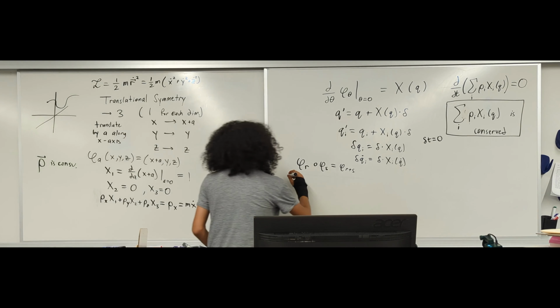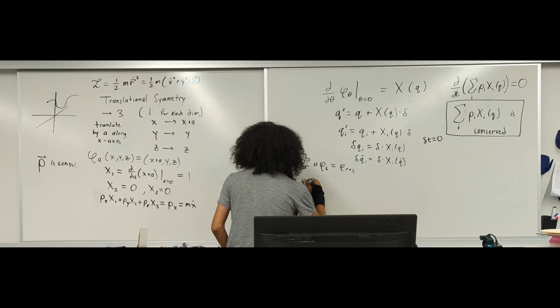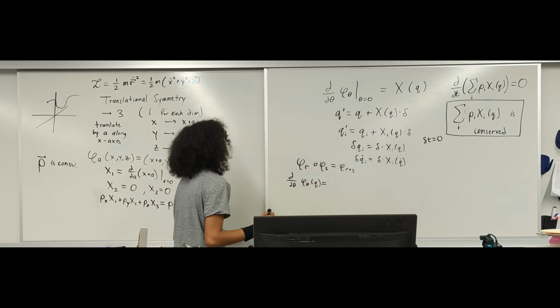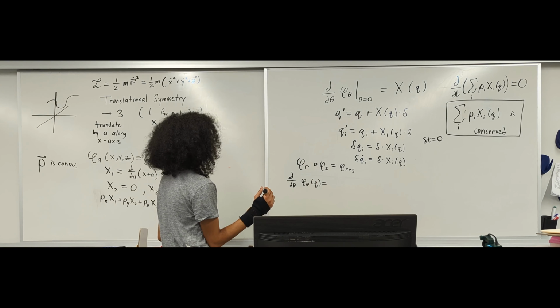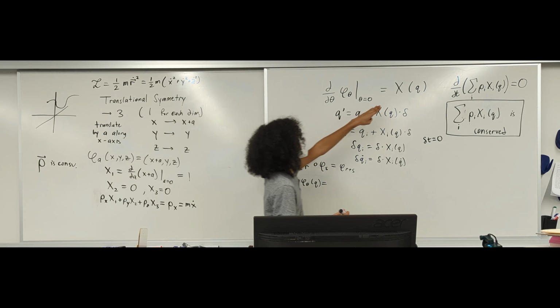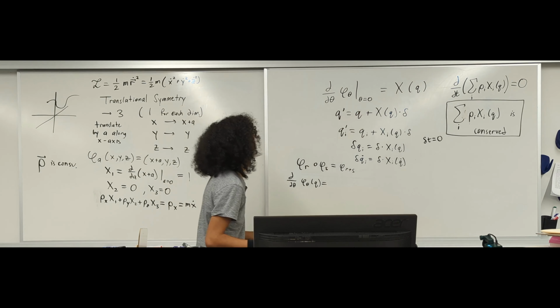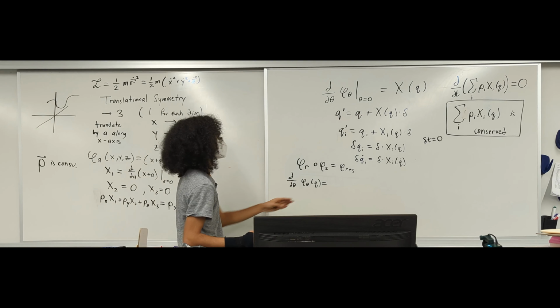So it's like d by dθ of φ_θ(q) is equal to... You kind of insist that this is true, but it doesn't matter where the theta is.